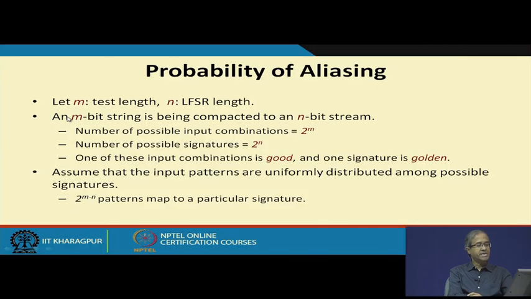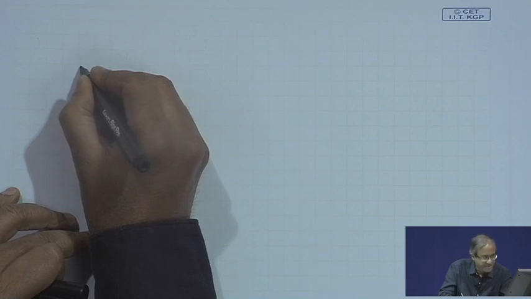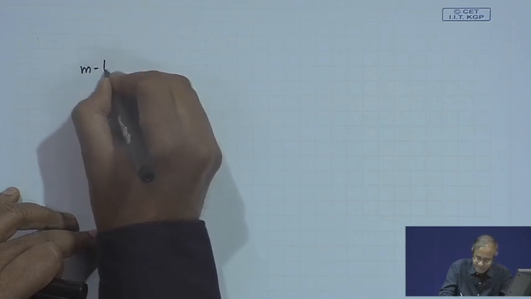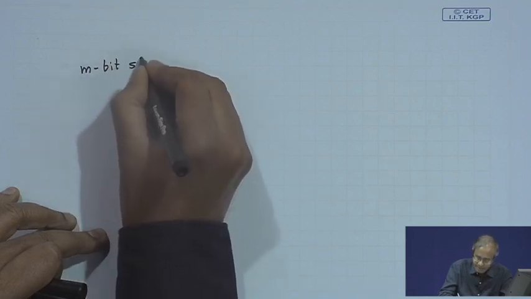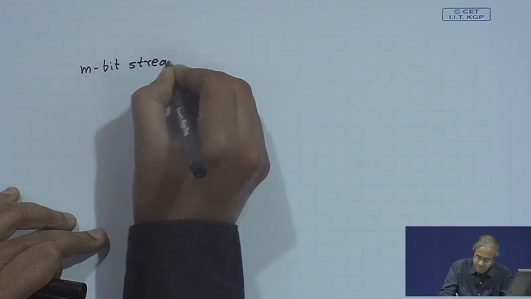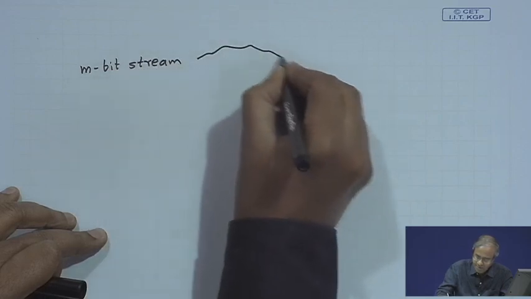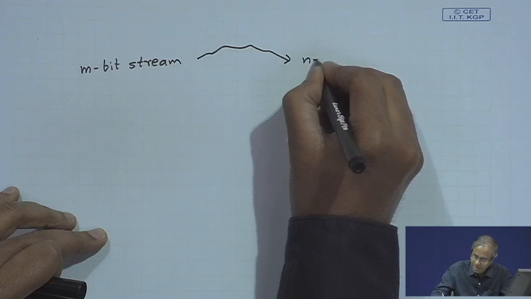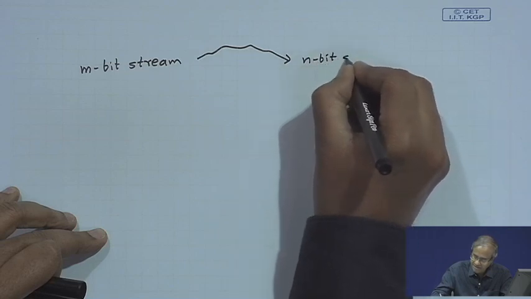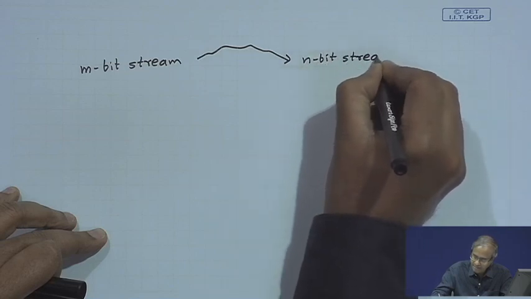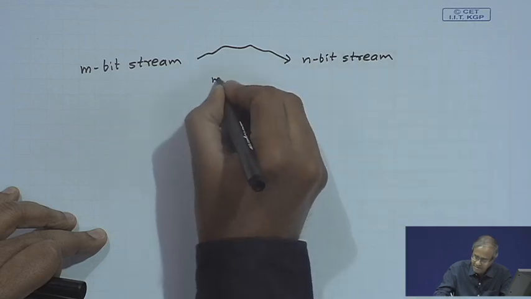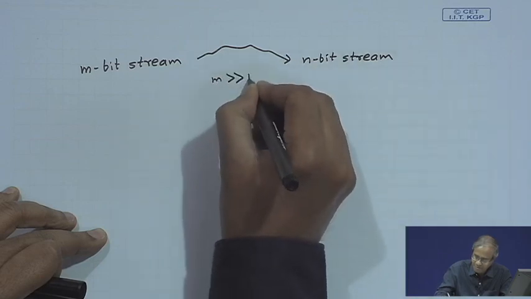So, we are doing something like this. We have an m bit stream, coming from the output of your circuit, and you are mapping it to an n bit stream in the LFSR. As I said, m is much greater than n.